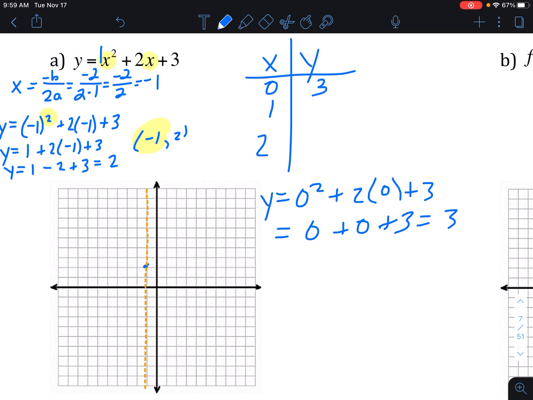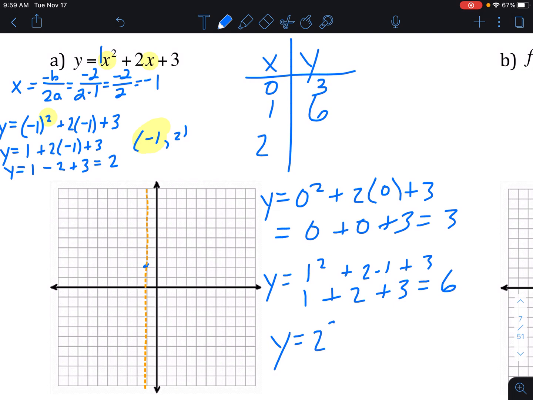Then we take the 1 and do that. So 1, 6 will be another point. And then finally the 2. And then we have our last point.